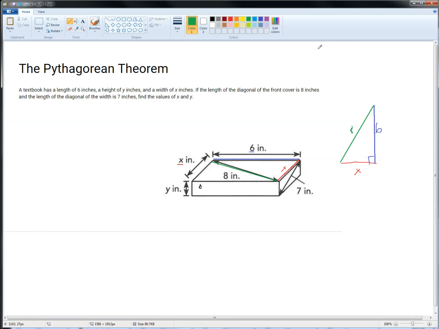Now you can solve this using the Pythagorean theorem. That's a squared plus b squared equals c squared.